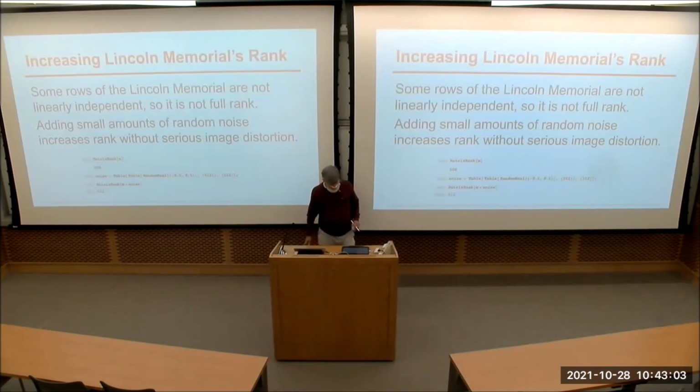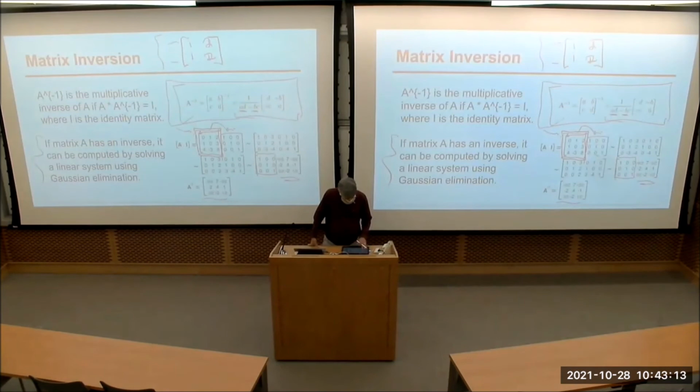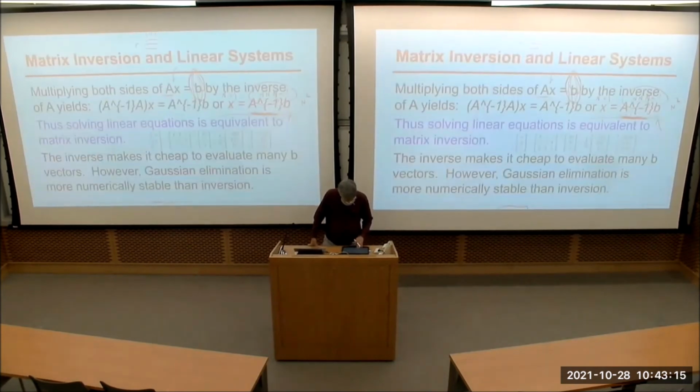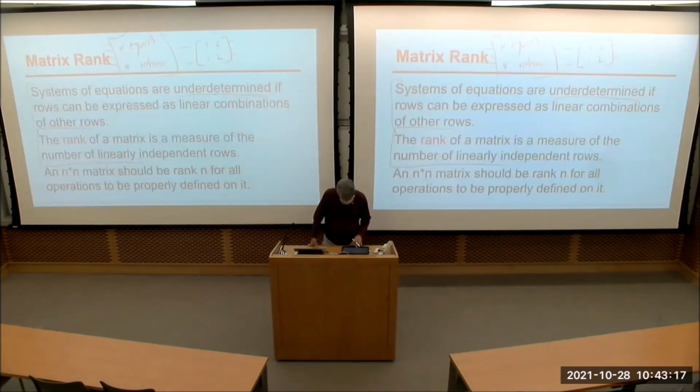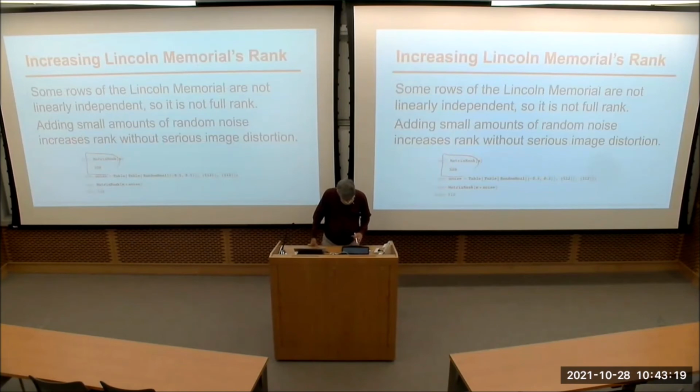Now, when I tried to do some experiments on the Lincoln Memorial matrix, I got a little bit of a surprise. Remember what the Lincoln Memorial looked like? When I computed the rank of that matrix, I should have had a 512 by 512 image. In fact, the rank of my matrix was only 508.